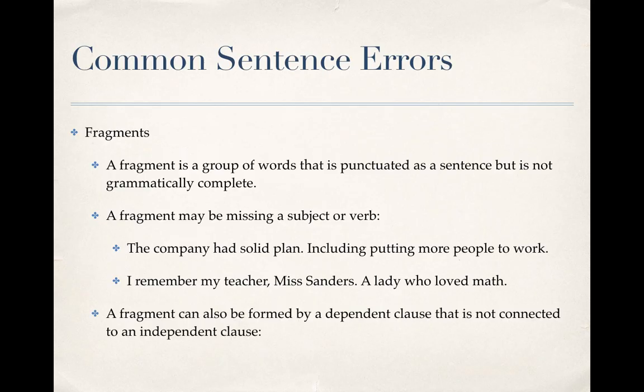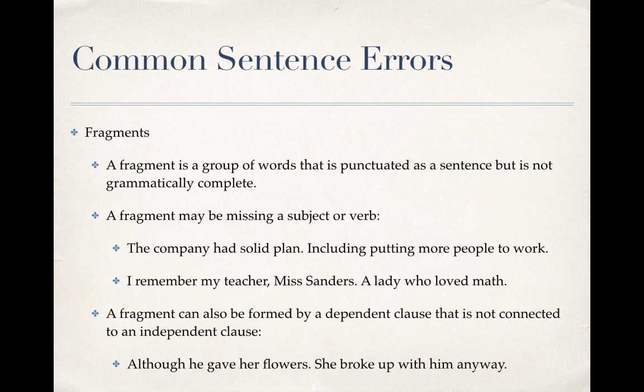Also, a fragment can be formed by a dependent clause that is not connected to an independent clause. We've already talked about independent versus dependent clauses a little bit. A dependent clause typically starts with a subordinating conjunction like although or because or even though, while, words like that. So in this example, although he gave her flowers, she broke up with him anyway.